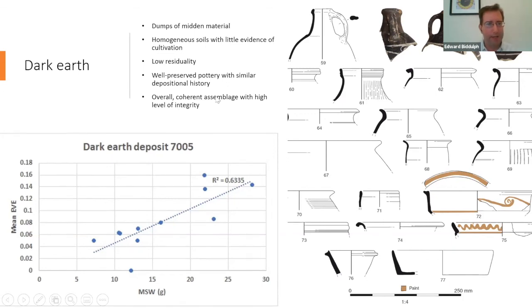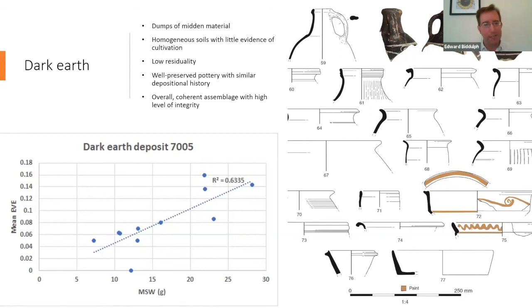There's low residuality. It's not cultivated soil, so it's not bringing up lots of earlier pottery. The pottery is pretty chunky. As I said, the environmental evidence suggested this midden material was fairly homogeneous, so what we're seeing is quite a coherent assemblage with a high level of integrity.